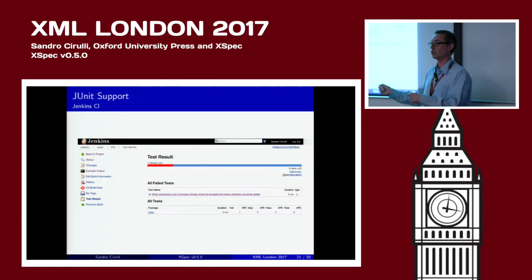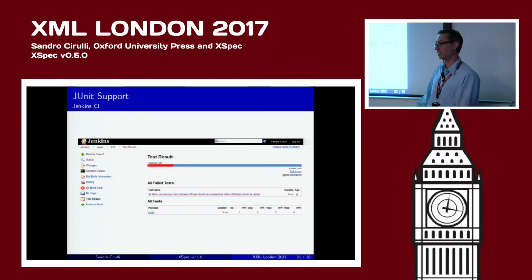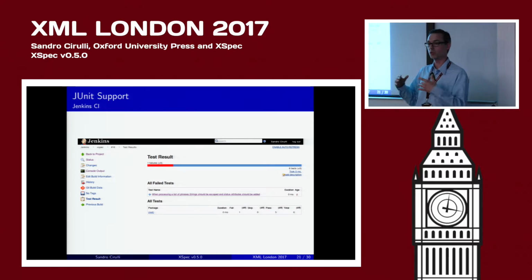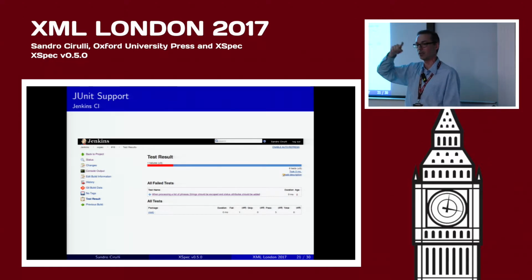You just put a JUnit file into a specific directory that you specify in Jenkins, and you will have some nice graphs giving you also trends about how your test suite is going, how many tests are failing over time. You get all this plugged in for free by simply having a JUnit serialization of the output.